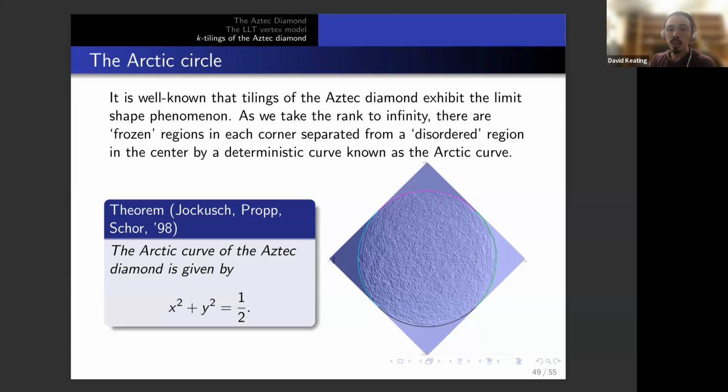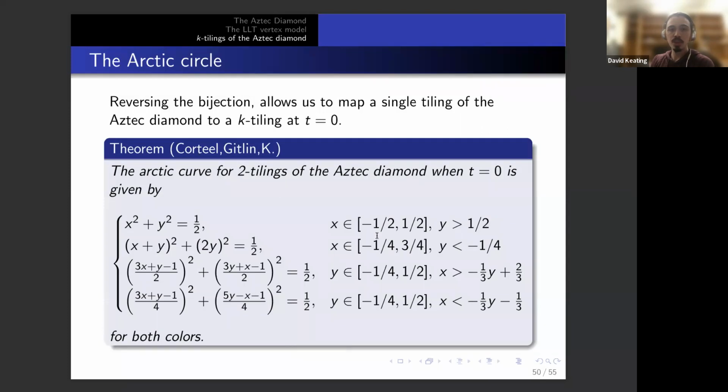1/2. So now we know a mapping from normal 1 tilings of the Aztec diamond to k tilings when t is equal to 0. We can just reverse our mapping of these domino tilings to get k tilings, and we can see what happens to the Arctic curve in that case. If you follow this through, you end up with this kind of piecewise formula. This is for 2 tilings, but you can write it down for k tilings when t is equal to 0.